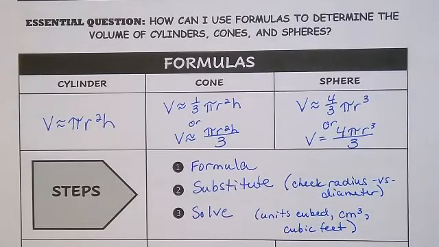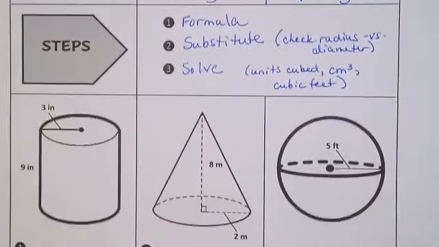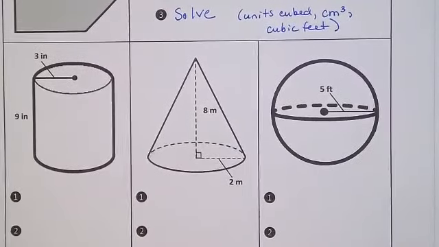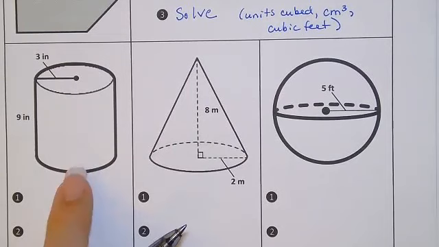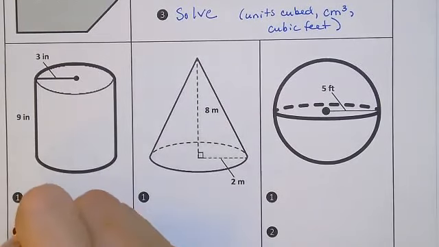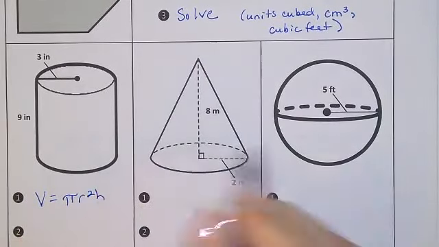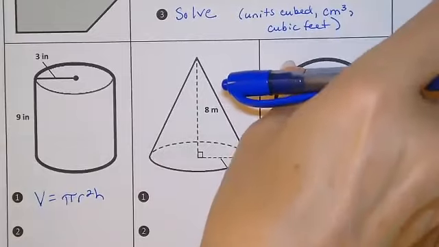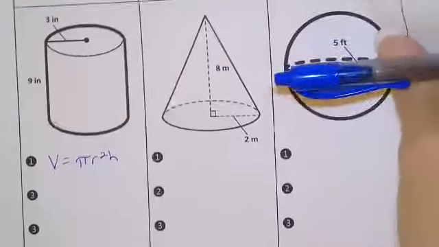All right, let's use our formulas to find the volume of these different shapes. The first one we're going to do is this shape, which is a cylinder. Our formula is volume is pi r squared h. The next step is to substitute.